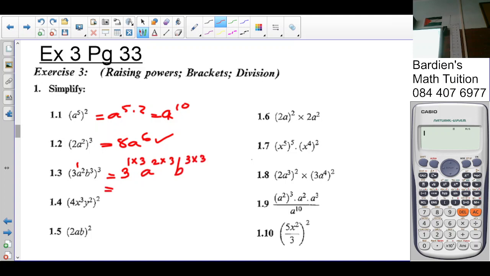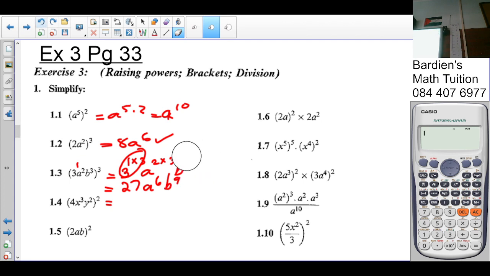So in other words, this will be 3 cubed, not so? 3 cubed is 3 times 3, which is 9, and 9 times 3 is 27. So that would be 27a to the 6, b to the 9. Alright, you guys understand? I'll give you a minute to do number 1.4 and 1.5 quickly, because I now see most of you made that same mistake there.